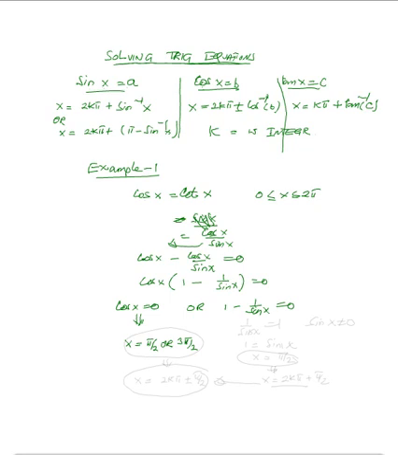In the case of 1 minus 1 over sine x equals 0, we could write 1 over sine of x equals 1, and if I consider sine of x is not 0, then multiplying by sine x on both sides gives 1 equals sine of x. So x equals pi over 2. These are the solutions to that equation.